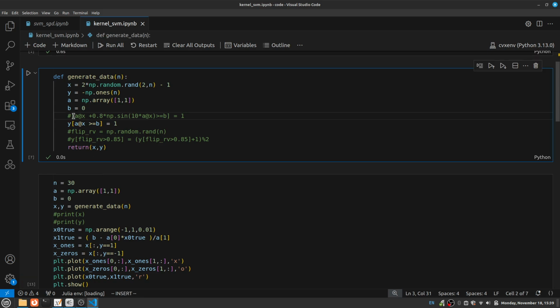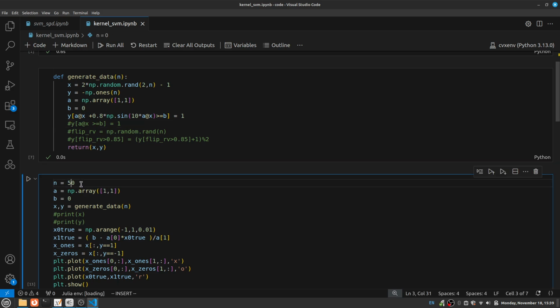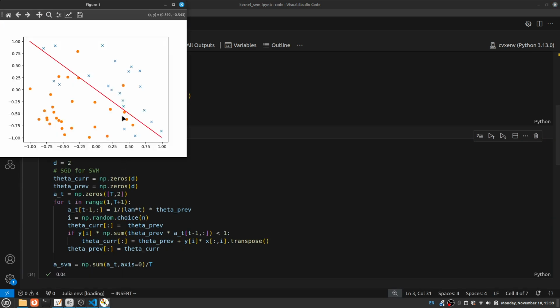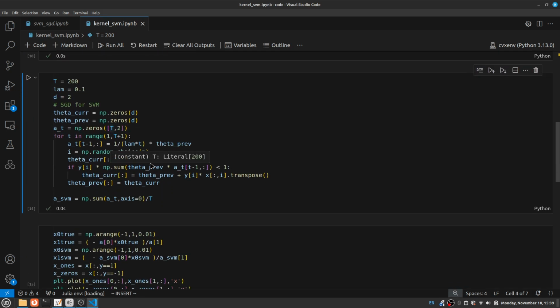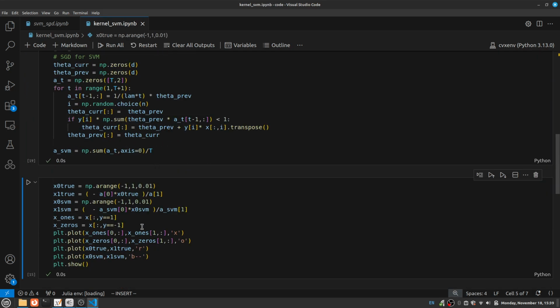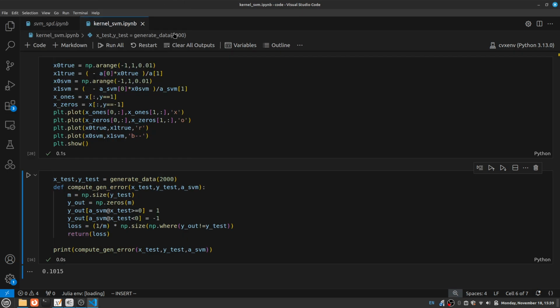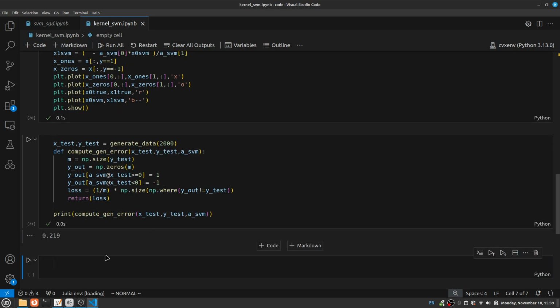Go back. Okay, so this is non-separable data. And it achieves a generalization error which is 0.219 something, right?